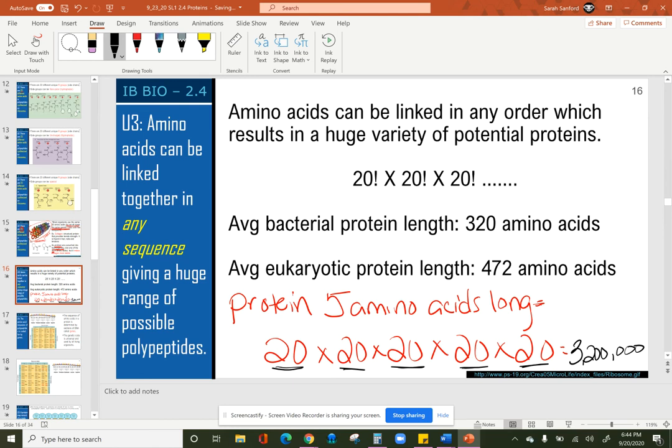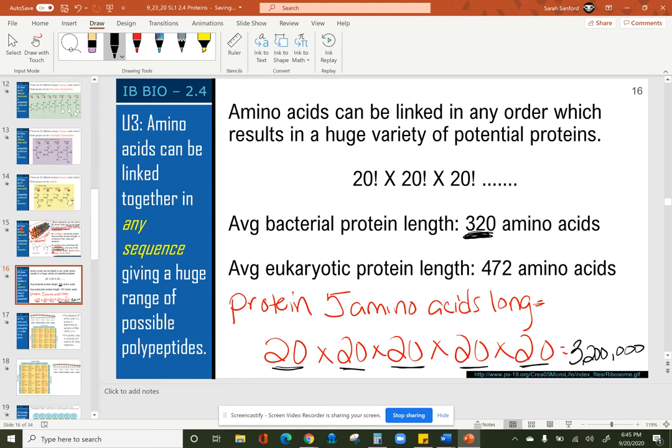Bacterial proteins tend to be 320 amino acids long on average. So you'd have to do 20 times 20 times 20 times 20 times 20, 320 times. Eukaryotic multicellular animals, there's a huge range there, but on average, it's 472 amino acids long.